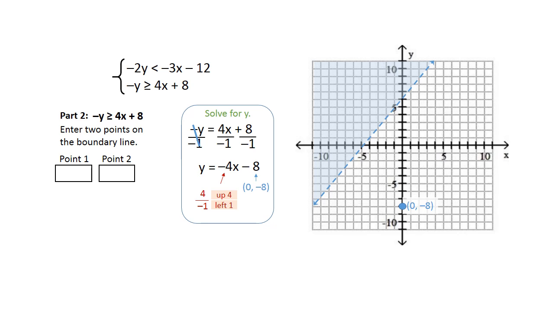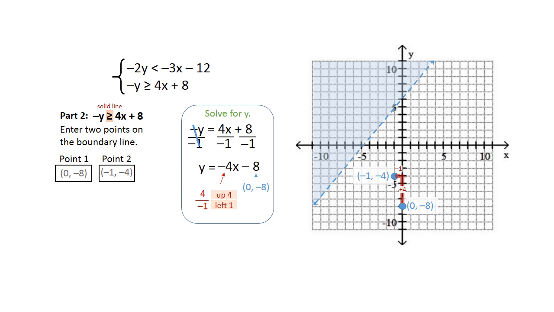That's telling us we can go up 4 and to the left 1. When we go left, we're actually keeping the slope negative. So on the graph, we're going to go up 4 and left 1 and plot another point. Let's take a look and see what we plotted. That's -1, 4. And now we have 2 points that we can enter for the boundary line. So we can enter the 0, -8 and the -1, -4.